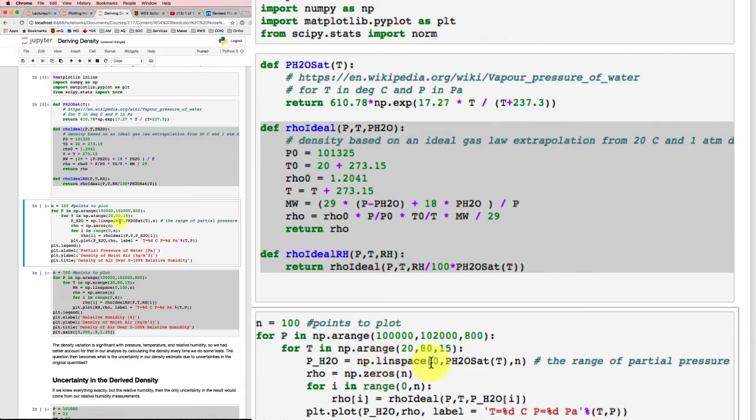So I'm going to have a linear space from 0 up to the saturation pressure. I'll make a space to put my density in, and then for each of the values there, I'll calculate a density value from this rho ideal function. Then I can plot that out and put some labels on it, and let's see what happens.